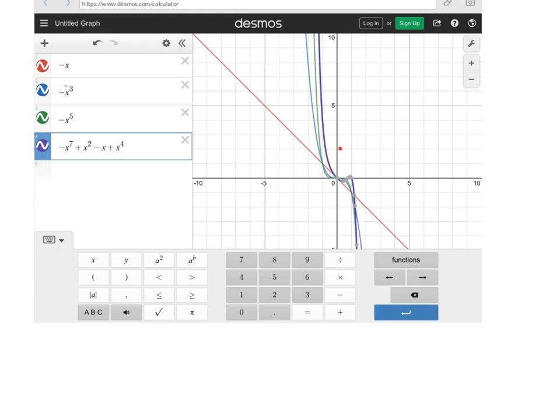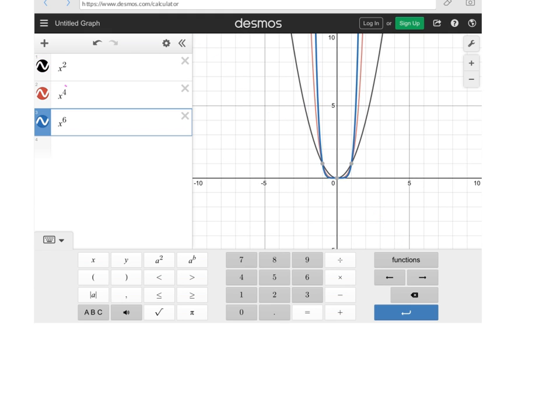They all look slightly different in between, but the end behavior is the same for all of them. And if we just change all the leading coefficients to negative, then they're going to do the opposite. They're going to fall on the left and fall on the right. So there you go.